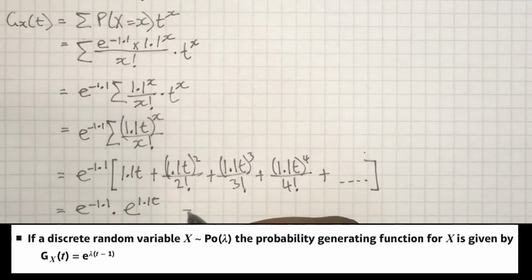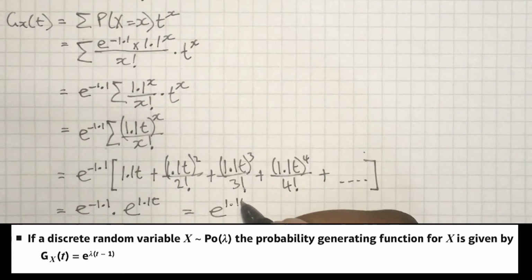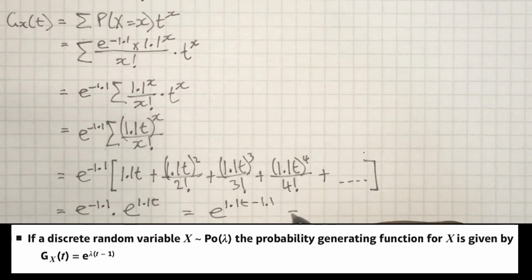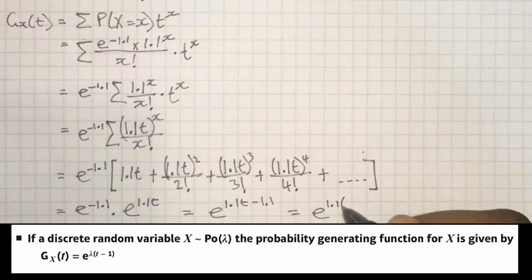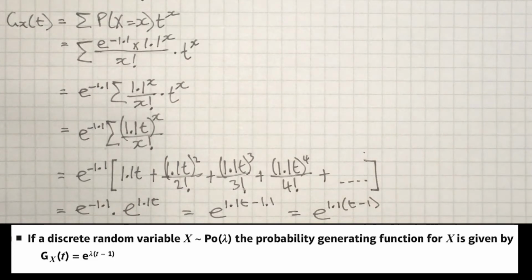Okay, so this is nice and simplified. Let's take a couple more steps. I'm going to combine those powers since we were multiplying, and then I'm going to factorize. And here is the form we were asked for in the question, and also the generalized probability generating function for any Poisson distribution with a given lambda.